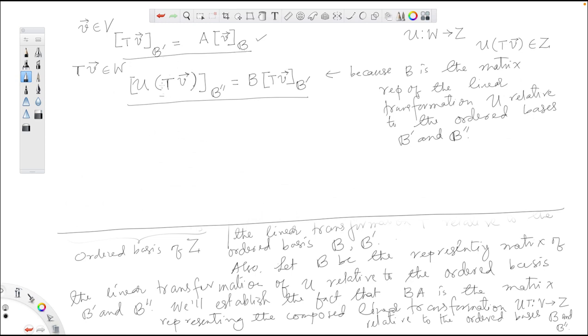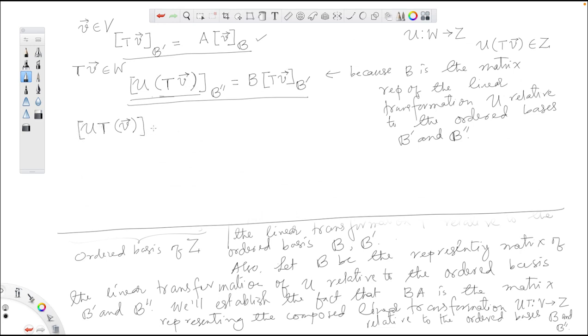Okay. So combining these two equations, and by the definition of composed linear transformation of two composable linear transformations, U of T of v is the same vector.